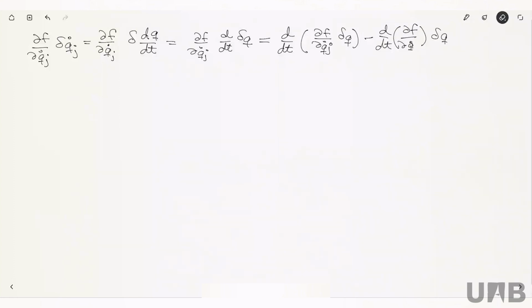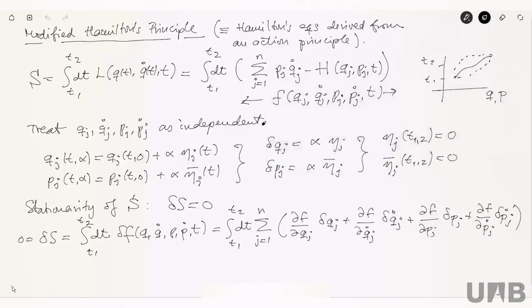Let me just make it clear that here I have a dot. And I'm going to do the same thing for pj's. And this I'm going to use in these integrals here, for delta q dot and for delta p dot.